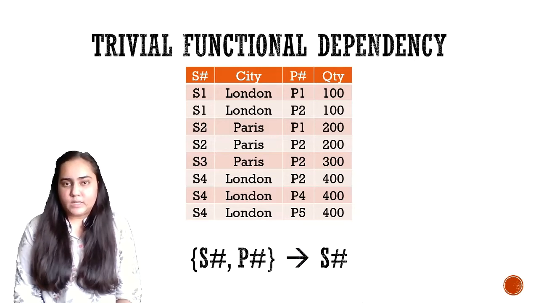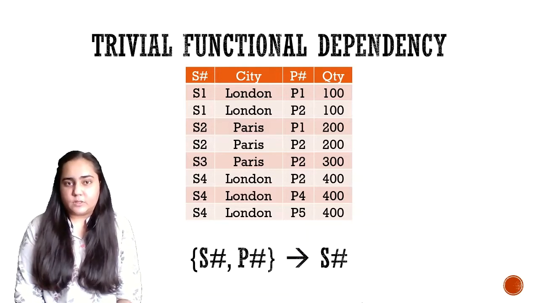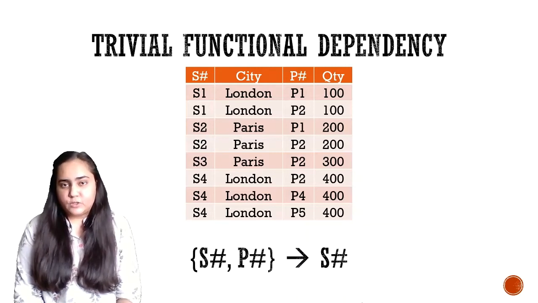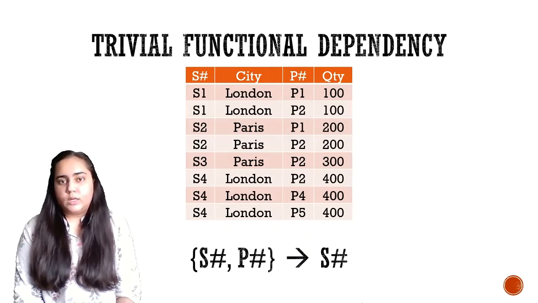Functional dependencies in general are bad for your database design. The fewer functional dependencies you can have for each table, the better it is for your database. And that's why we try to reduce functional dependencies. But a trivial functional dependency is a dependency that does not matter.